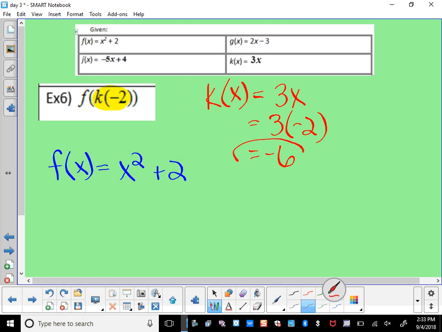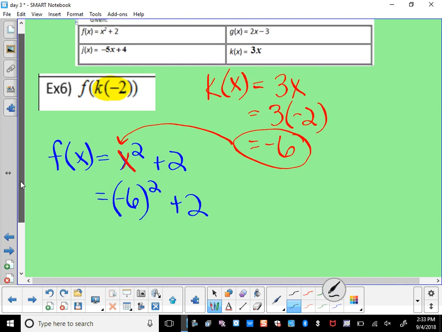Instead of x, I'm plugging in what, Jeremy? What do I plug in instead of x? -6. So I have in parentheses -6 squared plus 2.